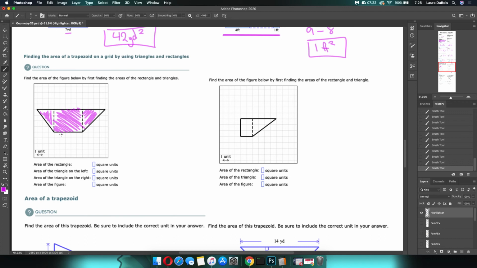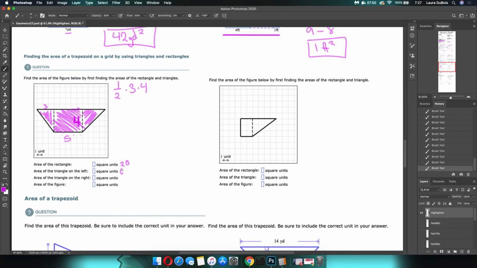So the area of a rectangle is 1, 2, 3, 4, 5 by 1, 2, 3, 4. That's a 5 by a 4. I'm going to write that a little bit darker so you can read it. 5 by 4 is 20. Triangle on the left, so that's 5 by 1, 2, 3. So this is a base of 3, and my height is 4. So 1/2 times 3 times 4 is going to be 6, I think.